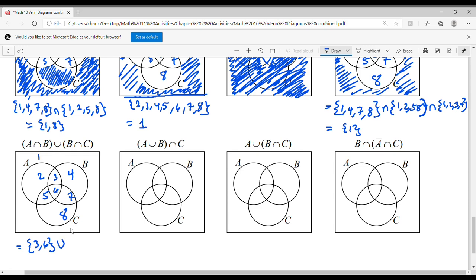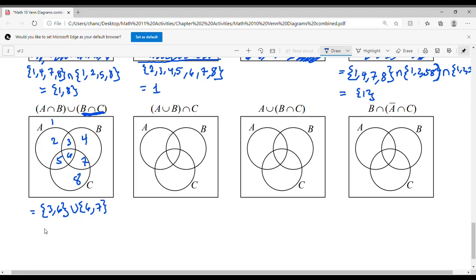We'll union that with B intersect C. B intersect C would be the overlaps of B and C, so that's 6 and 7. Alright, so now we need to find the union. Remember, the union is what's in one or the other or both. So I need to shade entire region of 3, 6, and 7.